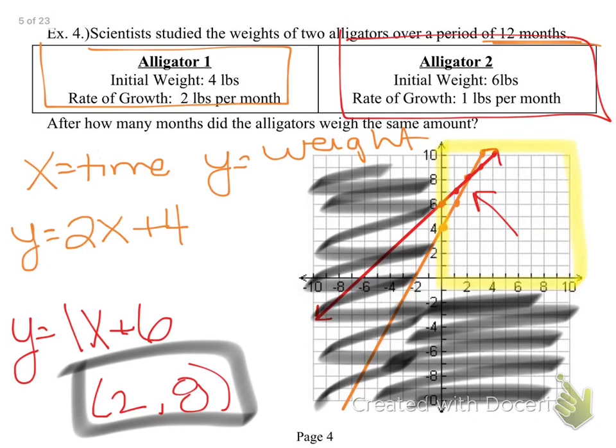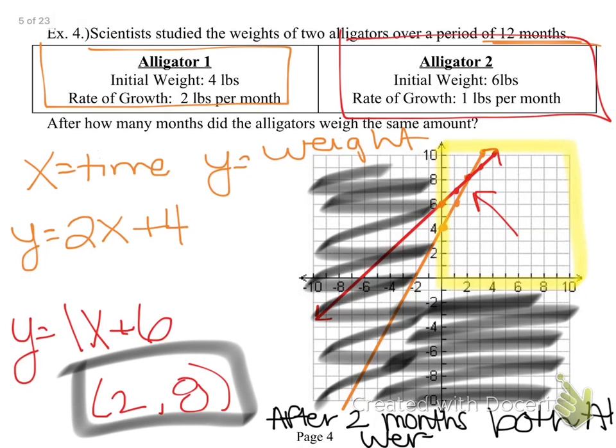We can interpret that by saying after 2 months, both alligators, I'm going to shorten it, were 8 pounds. And that's where they are the same weight. So that's a great way to interpret these sorts of graphs.